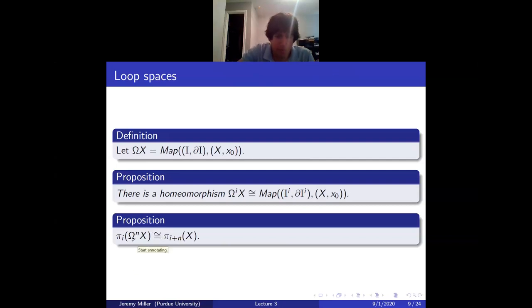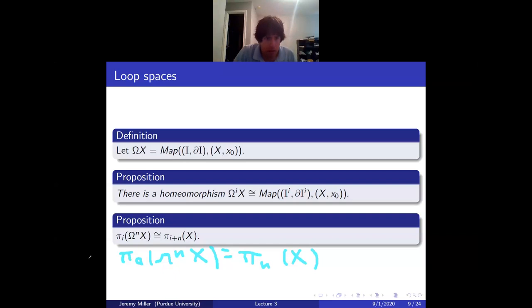If you believe that iterating this functor I times just gives you the maps from the I cube rel boundary into X, then you should believe the proposition in the I equals 0 case.